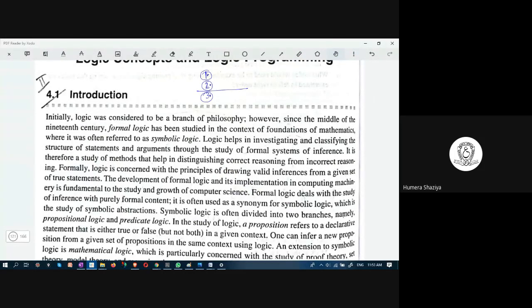So now the next question goes to you: what kind of problems? Which problems require logic?